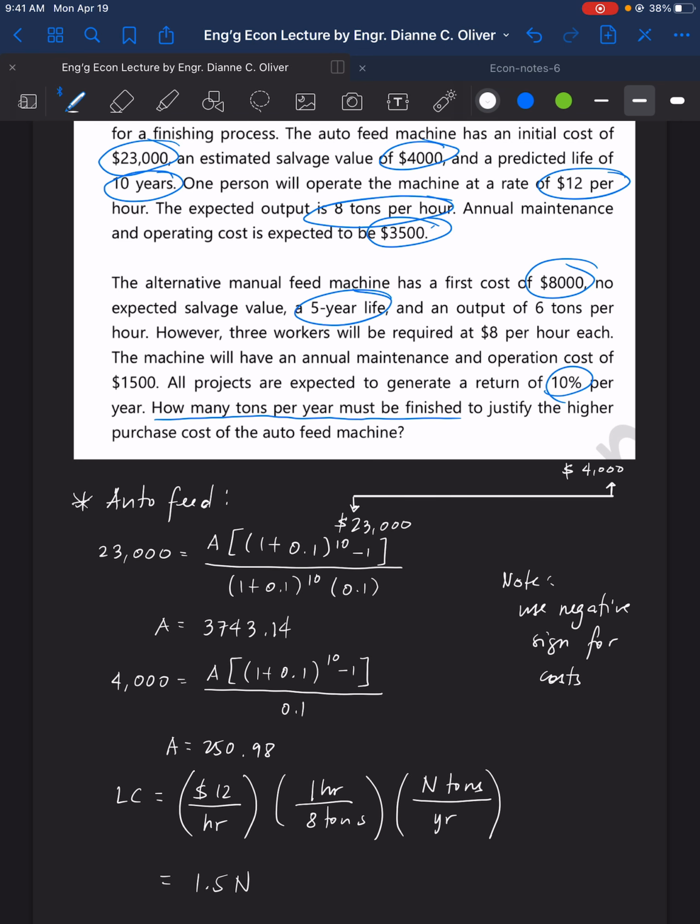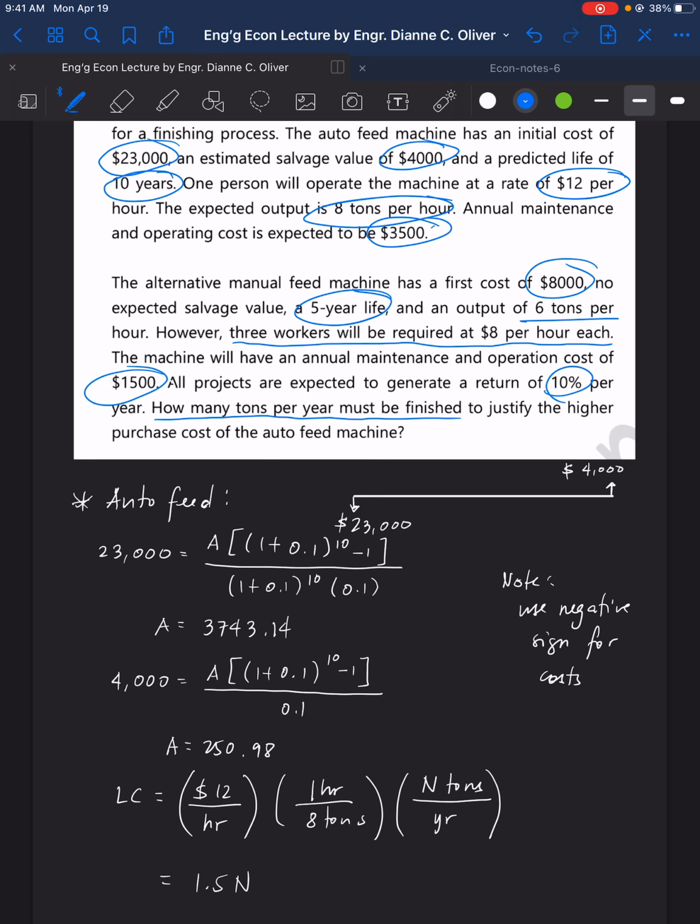Okay, next. So we have here the annual maintenance cost is 1.5. So let's just add it later on. So we have labor cost. 3 workers. It says there 3 workers will be required at $8 per hour each.